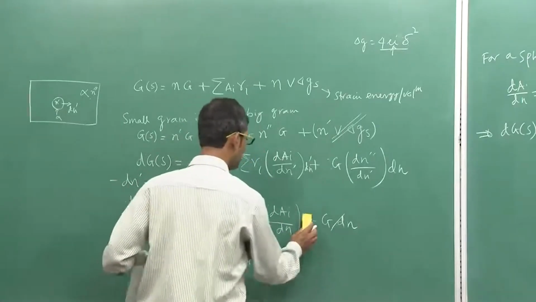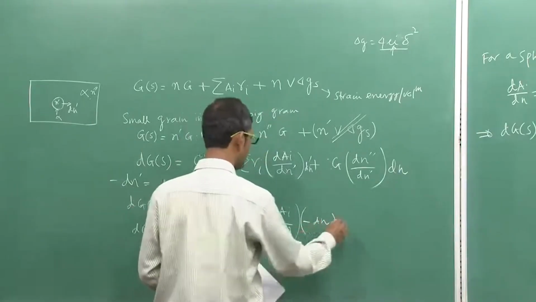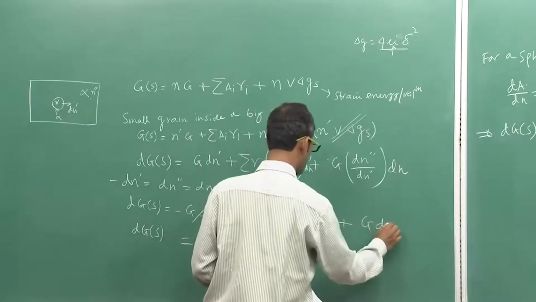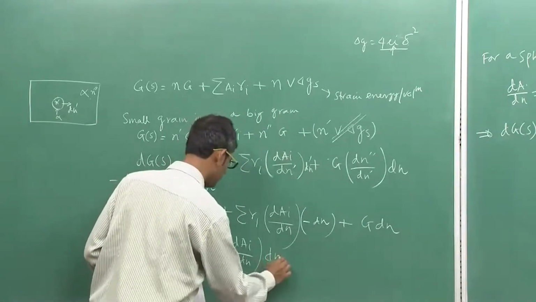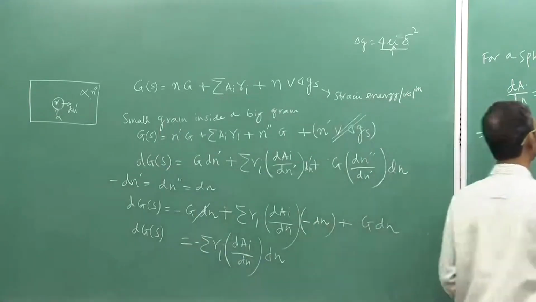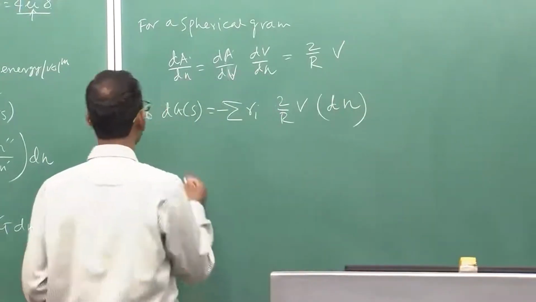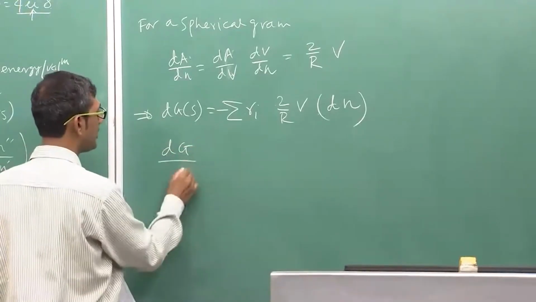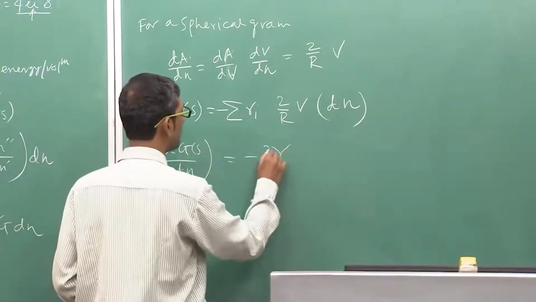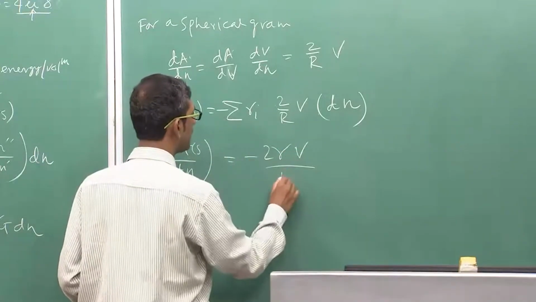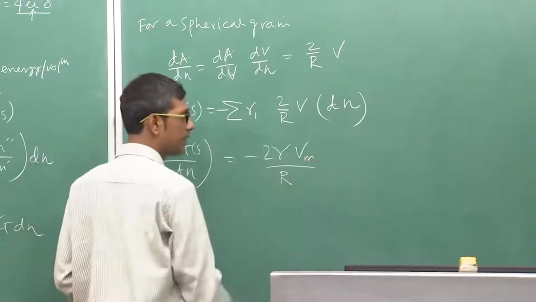Yes, that is the case here, because this is a loss. So, finally, if I consider dG for a single interface, dGs by dn, it will be minus gamma twice V by r. Okay. So, that is what you see, this is Vm, Vm is the molar volume.